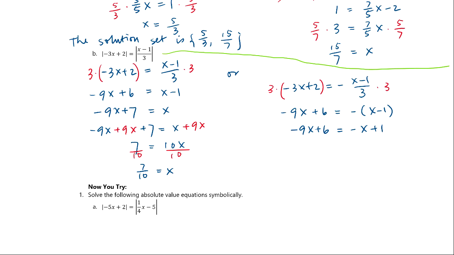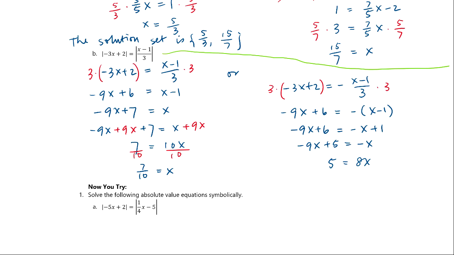Then we can do a similar thing of subtracting 1 on both sides to combine the constant terms, and we would have negative 9x plus 5 equal to negative x. Then the procedure becomes the same as what we did and add 9x on both sides. So negative x plus 9x will be 8x in this case.